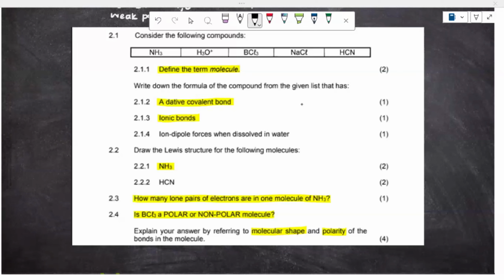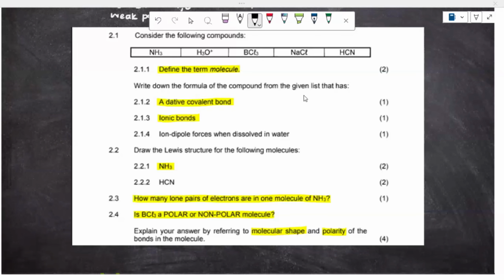A dative covalent bond is one atom providing both electrons, right? So it's still the idea that we're sharing electrons between two atoms, but now both of those electrons in the shared pair come from one atom.